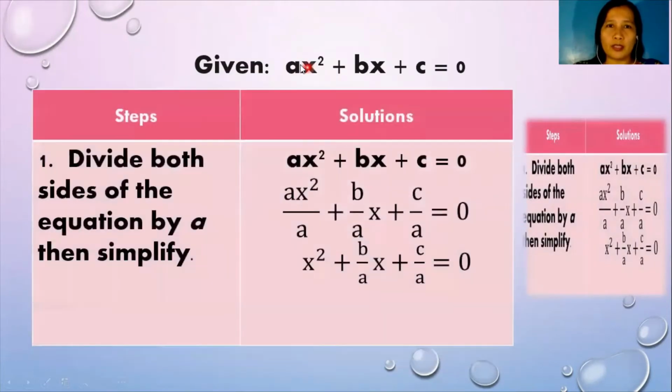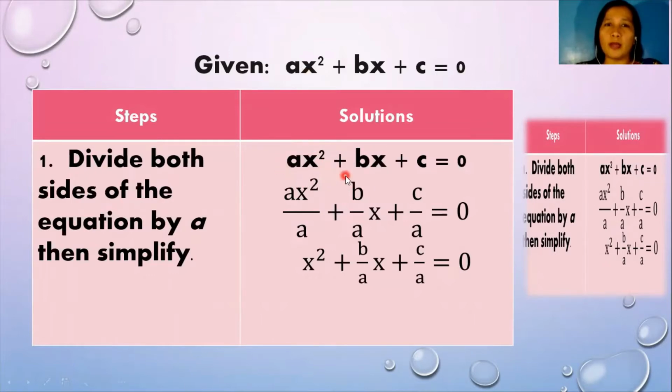Okay, let us use this standard form and let us use the steps on how to solve the quadratic equation by completing the square. So, step 1, divide both sides of the equation by a, then simplify. For our equation, the coefficient of the first term is a.